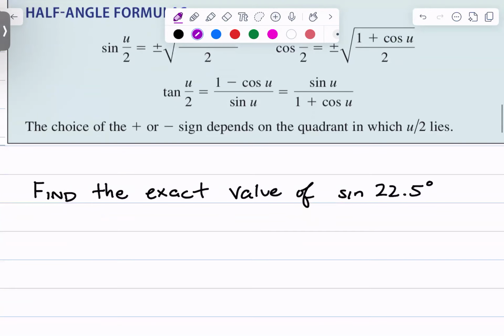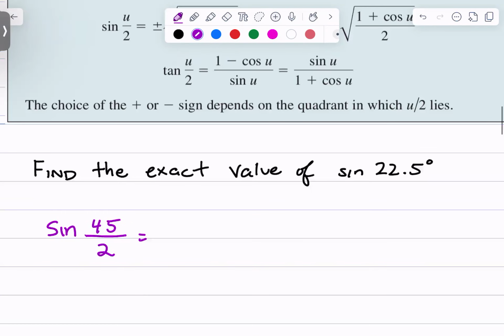How do we get 22.5? Yeah, it's 45 divided by 2. 45 divided by 2 is the same thing as 22.5, right? So the sine formula is 1 minus cosine, plus or minus.